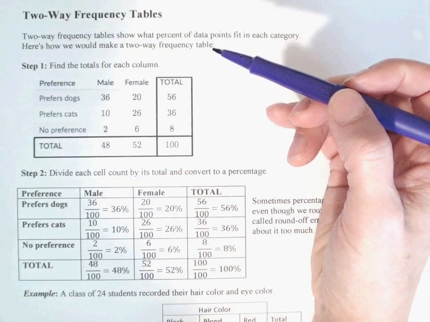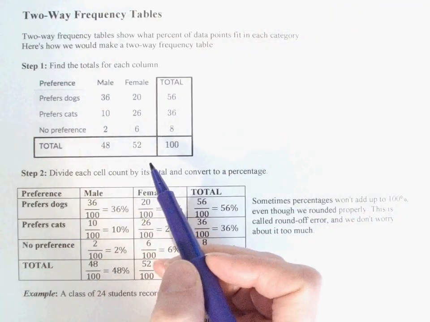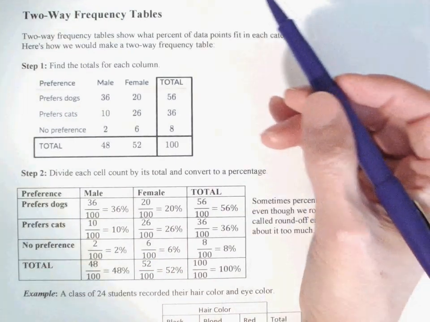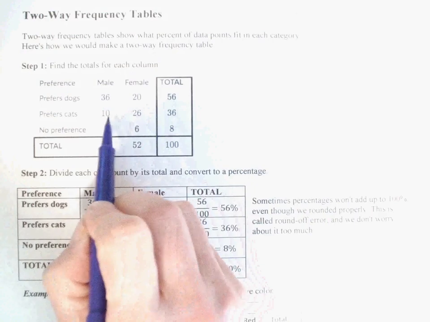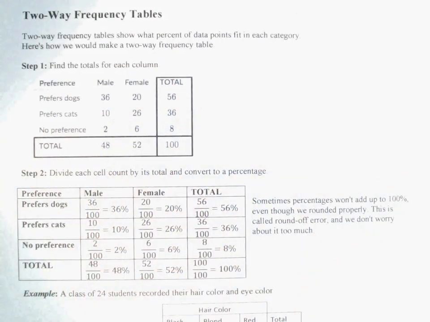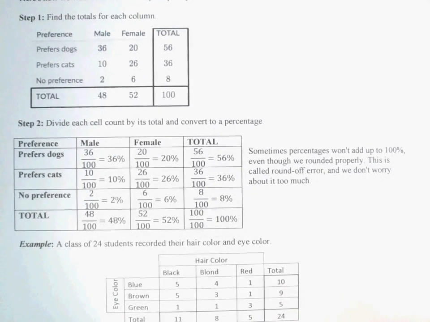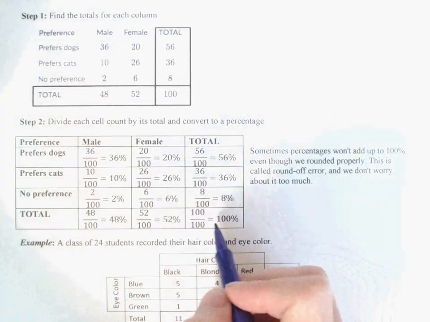So two-way frequency tables show what percent of data values fit into each category. To make one, this one's made for you, but to make one, you would find the total for each column and the total for each row, okay?